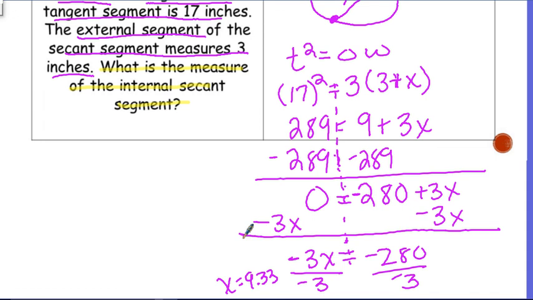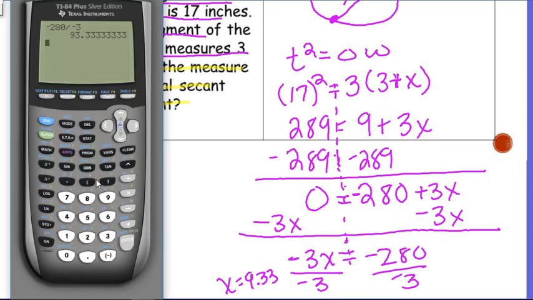And let me double check my math to make sure I'm right. So here, I'm going to make sure I did my 17 squared correctly, 289. And this process I'm going through is the same thing you can do to make sure you're right. And then I had to do 9 minus 289. That's negative 280. I did that correctly. And then I have to move this negative 3x to the other side.